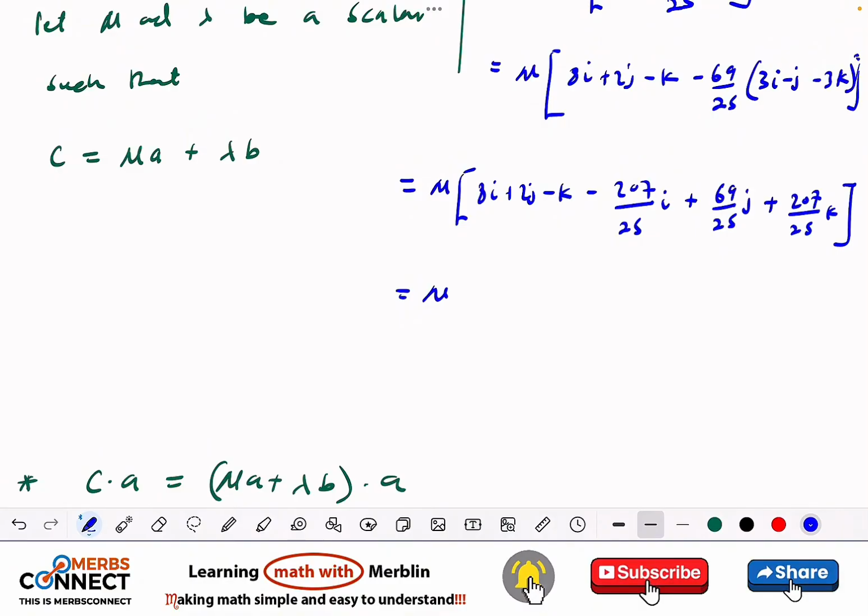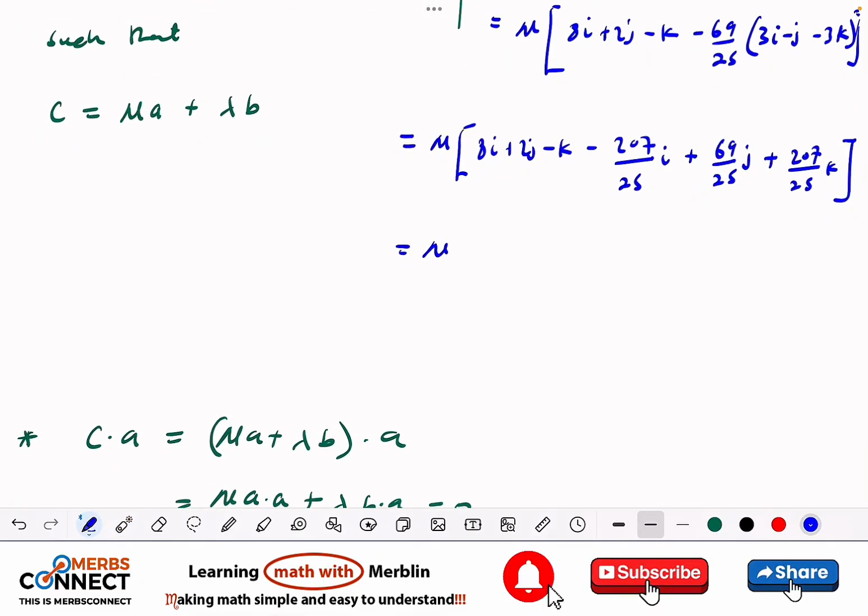So what can we do? Let's add the same direction, same direction, same direction. So 8 plus this is going to give us minus 7 divided by 25 i.